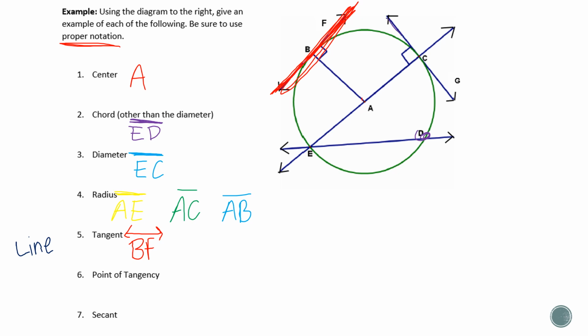Also, this one over here, we're going to say C to G for that. C to G touches at one point. So those would both be considered tangents. Now their point of tangency is just where they touch. So we would have point B and we would have point C.